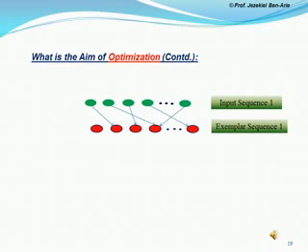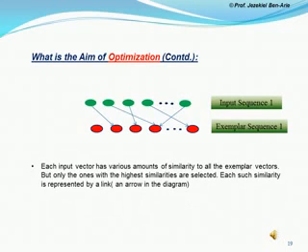We have to mention that each input vector has various amounts of similarity to all the exemplar vectors, but only the ones with the highest similarities are selected. Each such similarity is represented by a link shown as blue arrows in the diagram.